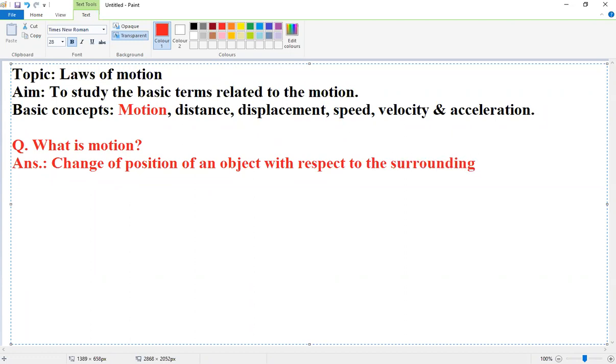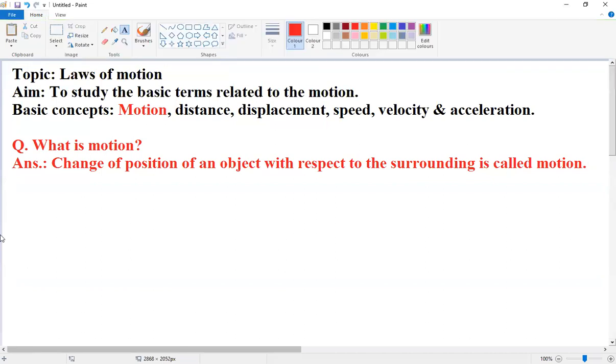Change of position of an object with respect to the surrounding is called motion. So change of position can be demonstrated through this particular diagram.